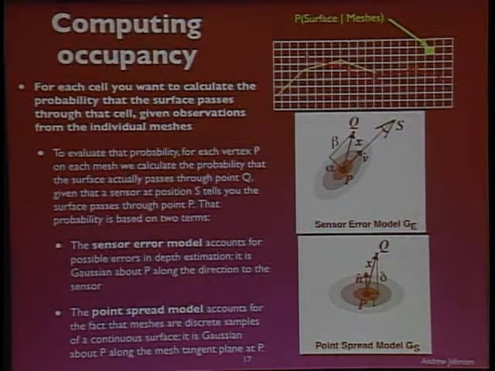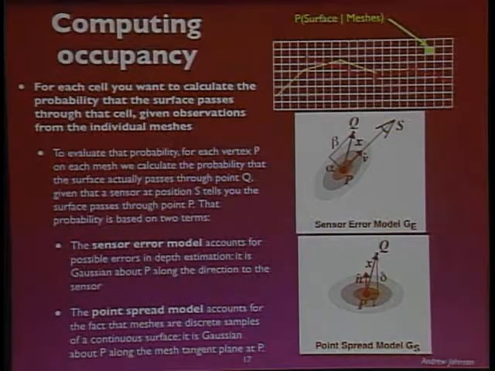If the number is 1, that means the probability that the surface goes through that grid cell, given the data that you have from the meshes, is 1. So you are dead sure that the surface goes through there, given what you have observed from the input surface meshes. And if that probability is 0, for example, like it would be over here, then you are dead sure that the surface does not go through there.